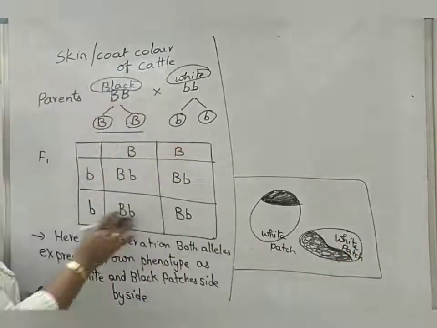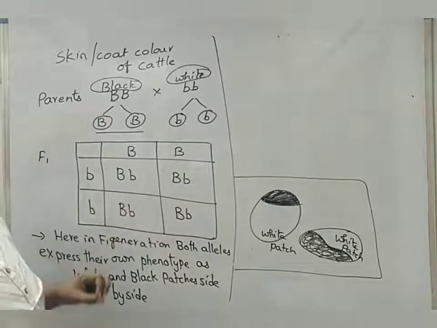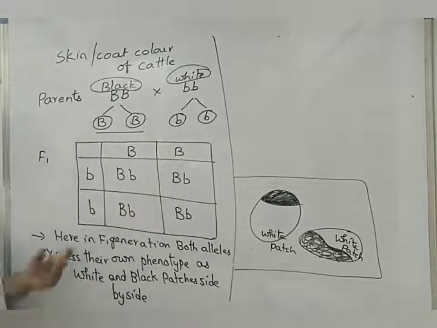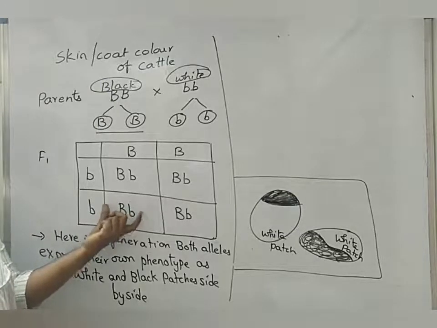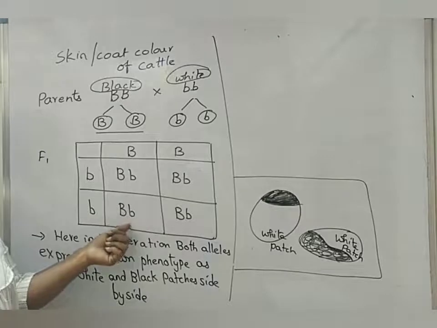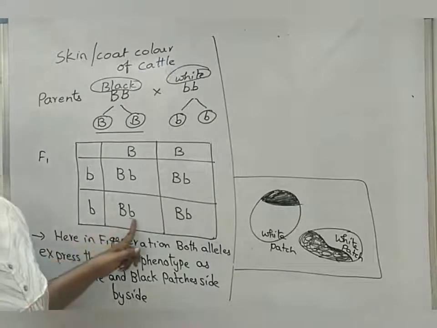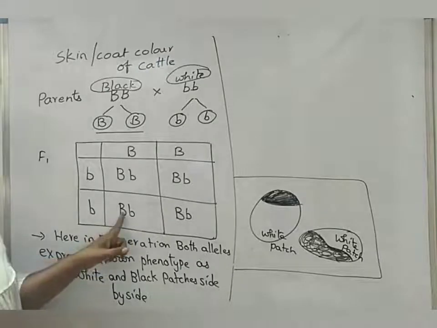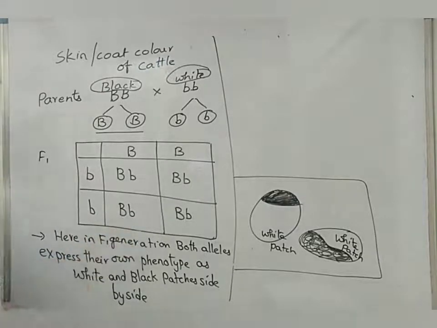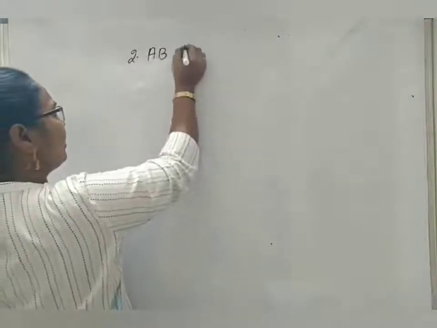Here all the offspring are showing the same type of phenotype. Even genotypically in the F1 generation, it is the same type, capital B small b. Whether the genes are in dominant form or recessive form, both are getting expressed in the dominant form only. The representation can be similar to that of incomplete dominance, but phenotypically the expression is different from that of incomplete dominant alleles in Andalusian fowls.